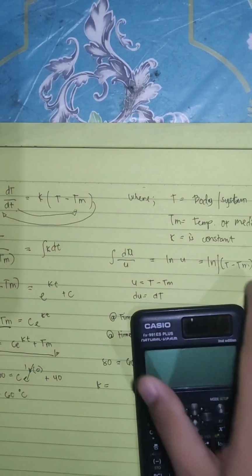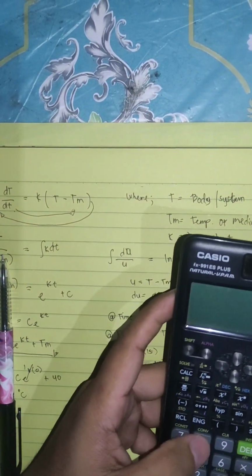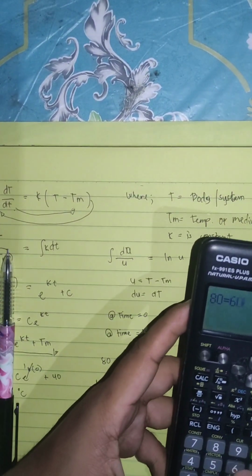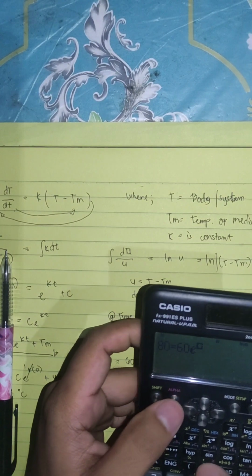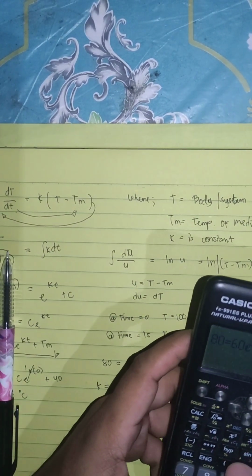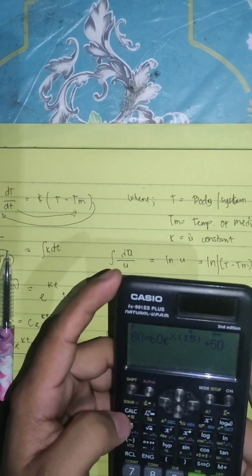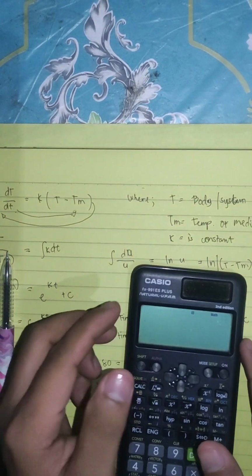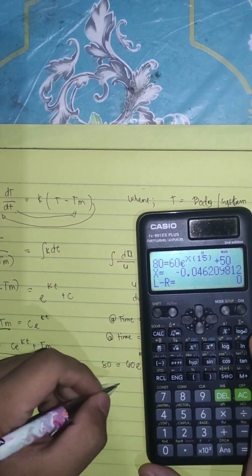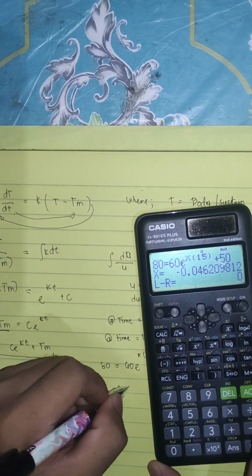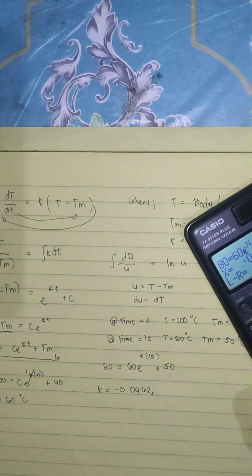By the use of a scientific calculator, we can solve for the k. Simply 80 equals 60 e to the x times 15 plus 50. Shift solve. So our k here is negative 0.0462. This is the value of our k.